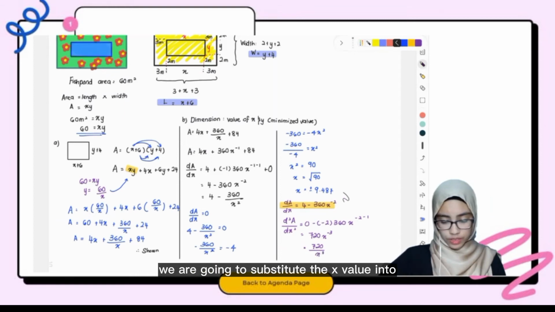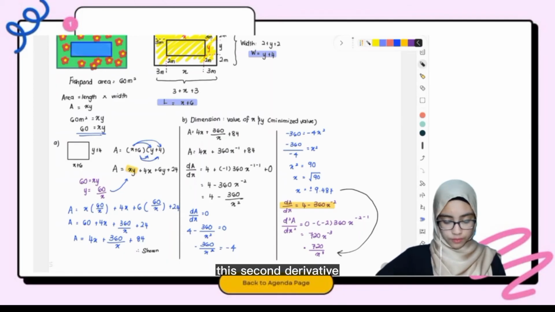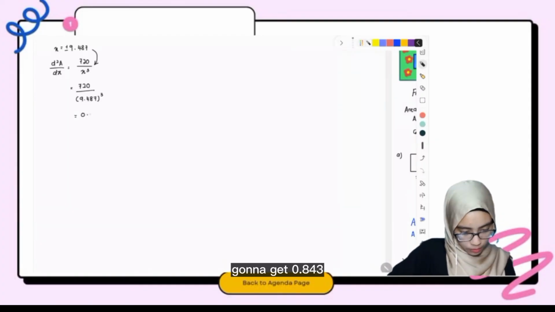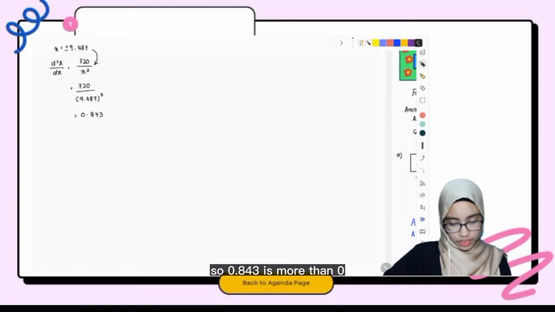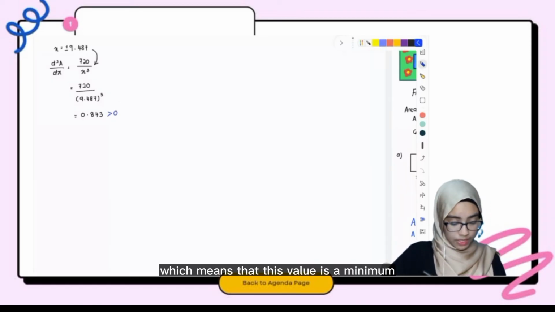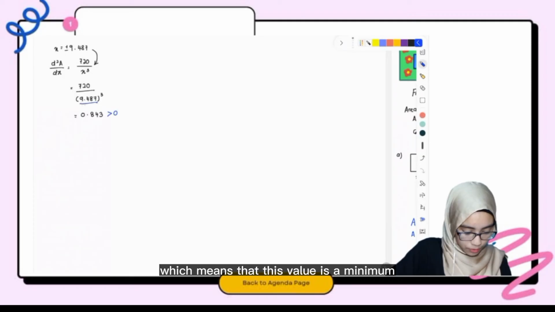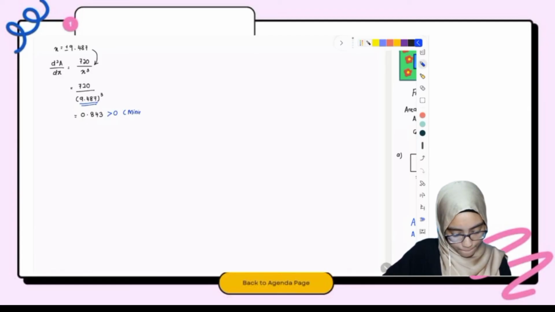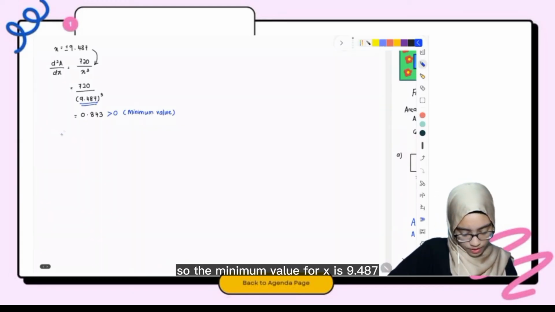We substitute the x value into this second derivative and get 0.843. So 0.843 is more than 0, which means that this value is a minimum value.